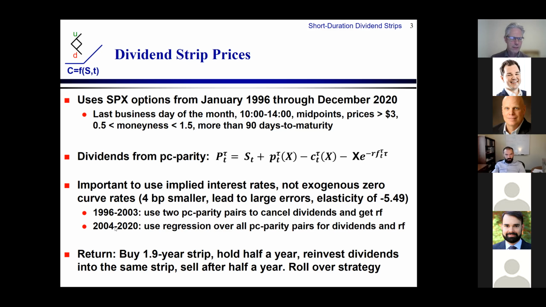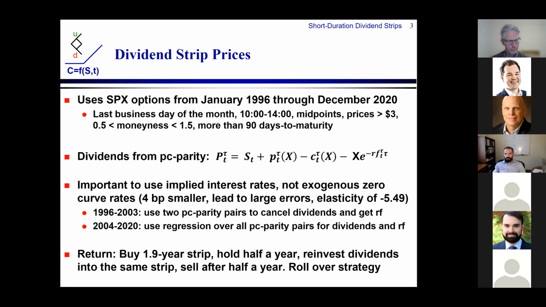We split our sample in two parts. In the older sample, 96 to 2003, we actually use this particular technique where indeed we're going for two put-call parity pairs to cancel out the dividends and to get the risk-free rate. Okay? And we're doing this minute by minute for all the pairs available, and it's essentially an outer product of the available pairs.